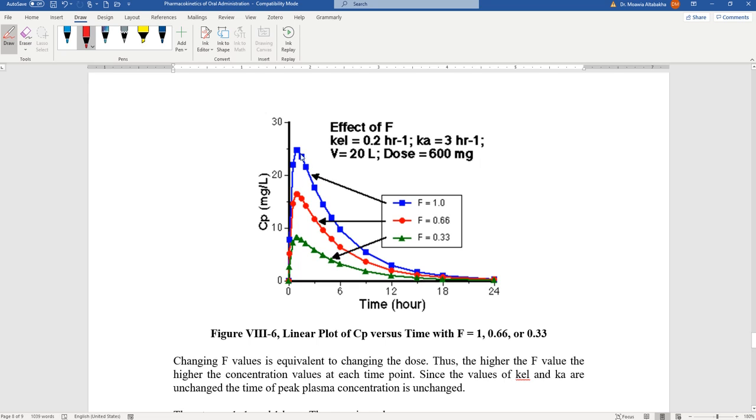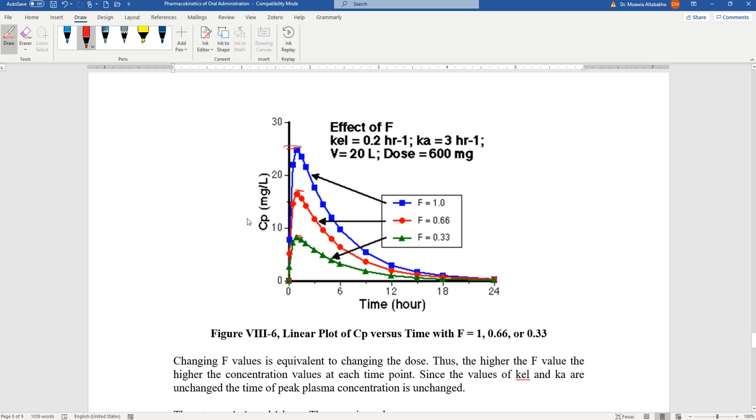But all the concentrations are proportional to the bioavailable fraction. For example, this peak concentration here is 0.66, meaning 2/3 of the peak concentration here. Same thing here, the peak concentration here is 1/3 the peak concentration here.